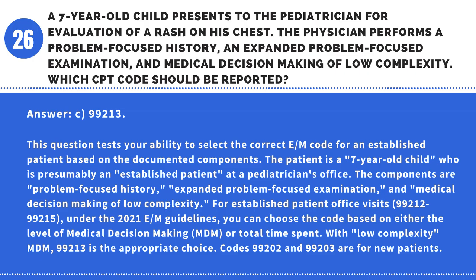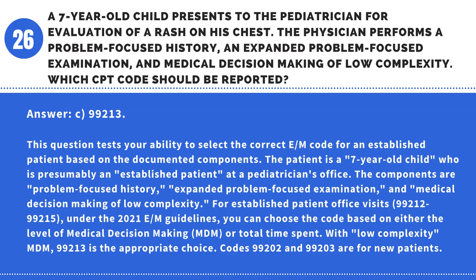99213. This question tests your ability to select the correct E/M code for an established patient based on the documented components. The patient is a 7-year-old child who is presumably an established patient at a pediatrician's office. The components are problem-focused history, expanded problem-focused examination, and medical decision-making of low complexity.